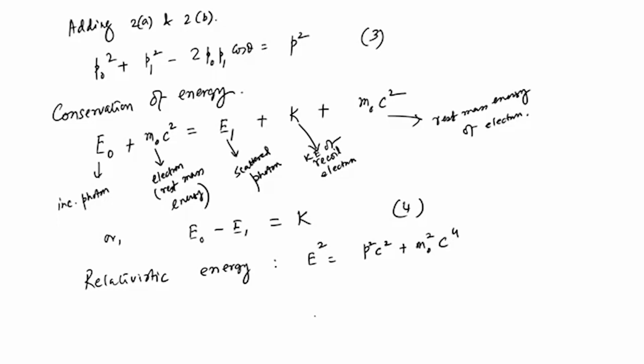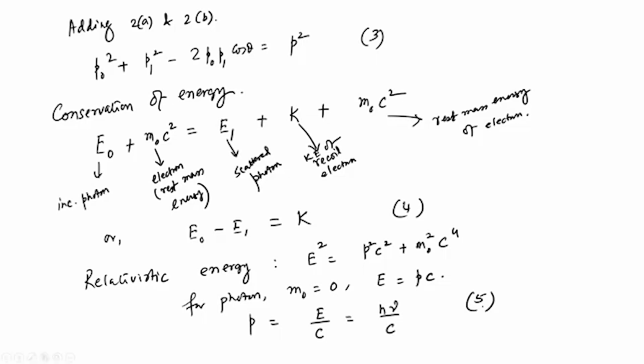For a photon, of course, m0 equal to 0, so E is equal to Pc. So, P is equal to E over C, which is equal to h nu over C. Let us call this equation 5.